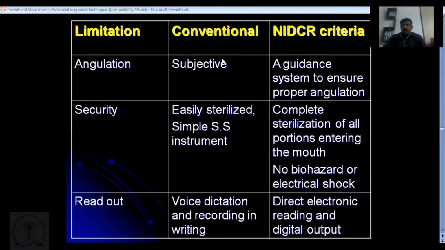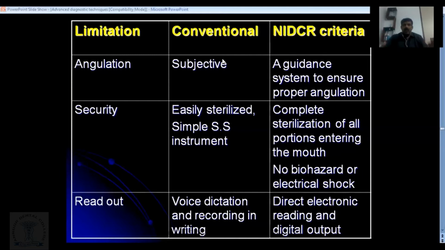According to NIDCR criteria, any part of the probe that enters the oral cavity should be completely sterilized. And there should not be any biohazard or electrical shock. Most advanced probe systems are connected to electric current, which we'll discuss later, so there should not be electrical biohazard from this.